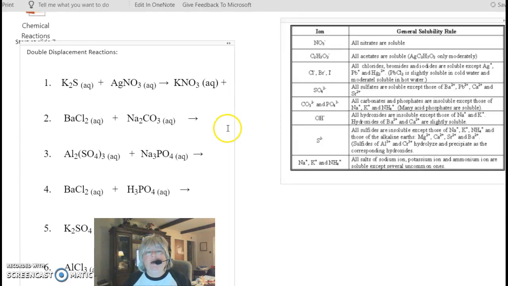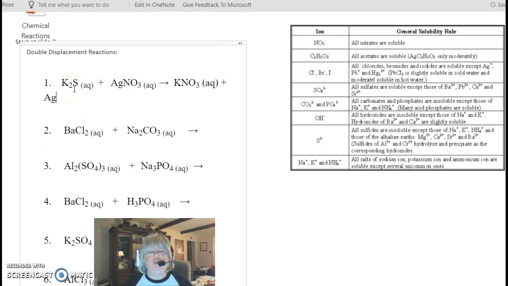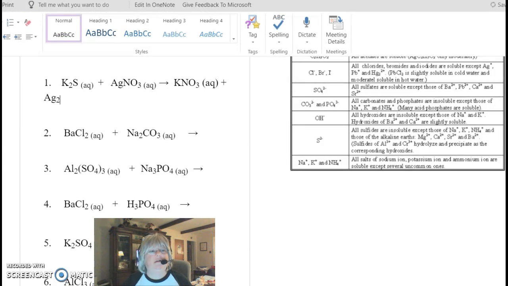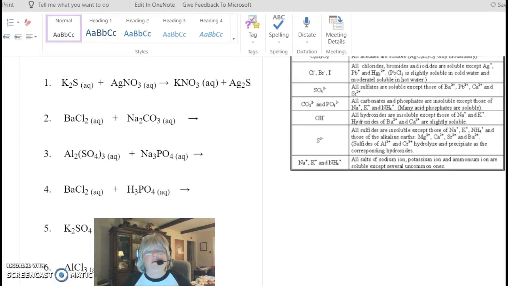Now I'm going to form silver sulfide. Silver, if you remember from our previous page, is +1. Sulfide is -2. So we're going to need 2 silvers to balance out my sulfur.